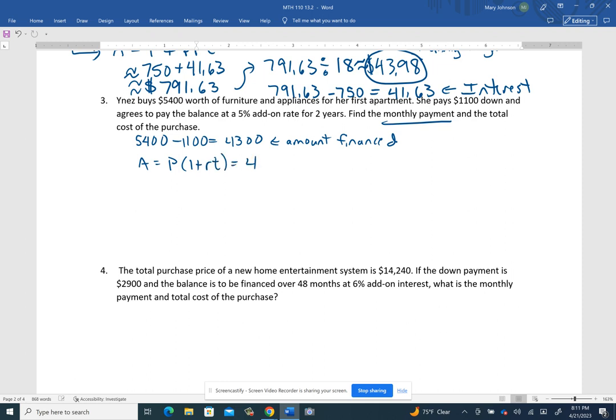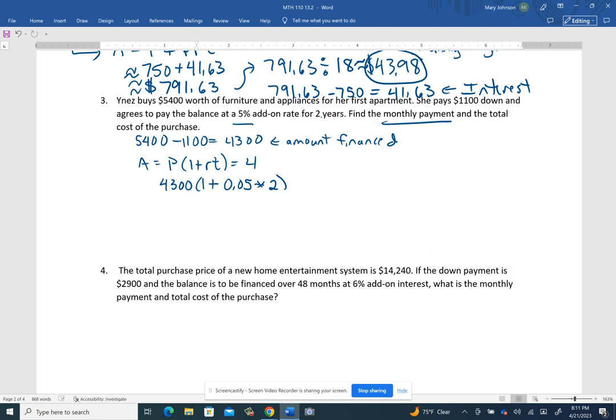So that would be the amount financed, and then 1 plus 0.05 for the 5% interest rate, and I'd be multiplying that by 2 for the 2 years.